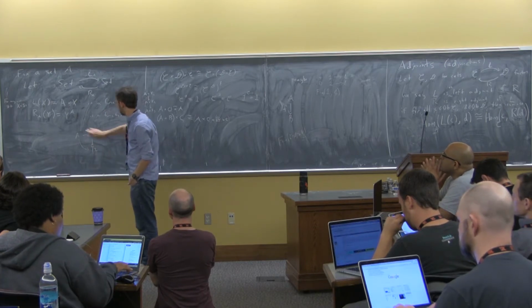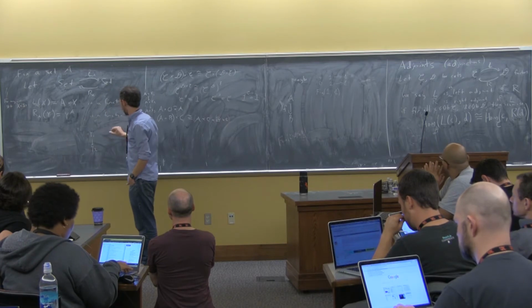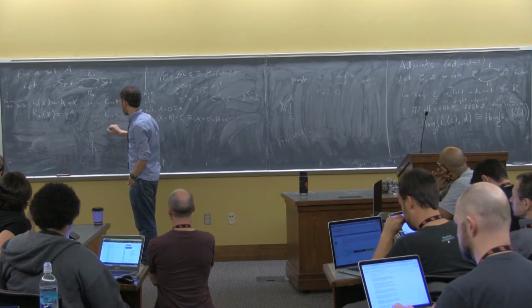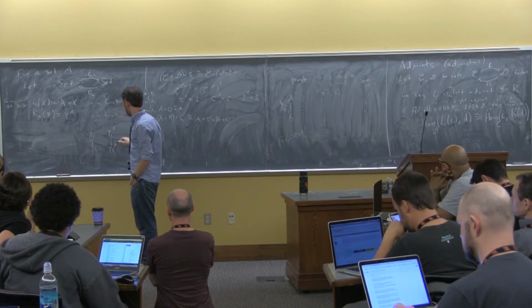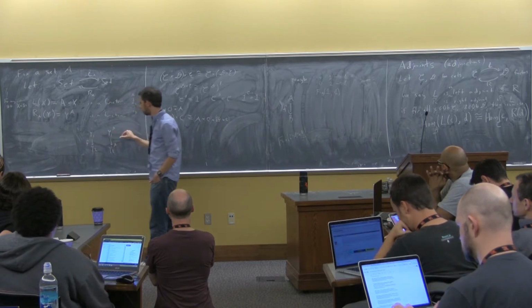So I'm going to erase that. It says I get a map from Y1 to the A to Y2 to the A. If I have F, what would this map be called?